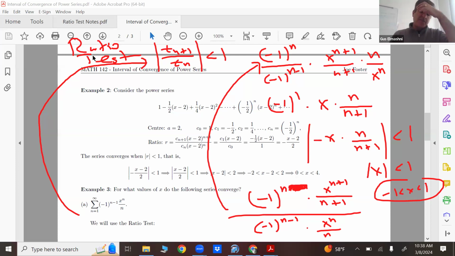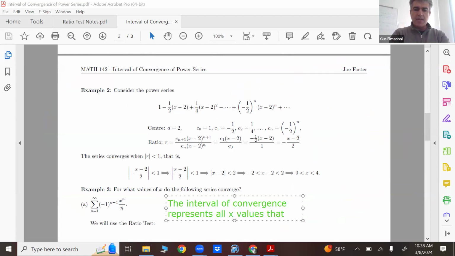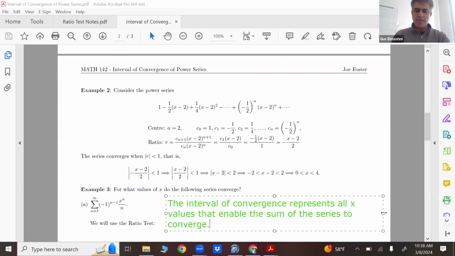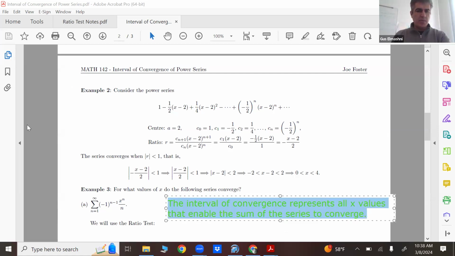Let me put this in the text box so you guys are more clear on it. The interval of convergence represents all x values that enable the sum of the series to converge. Actually, let me switch that to red.